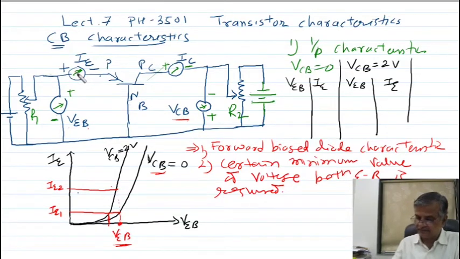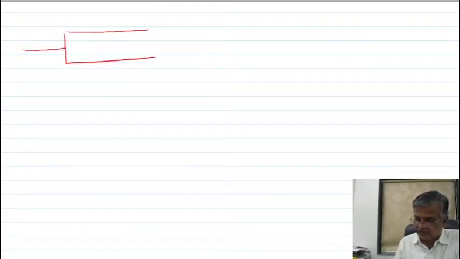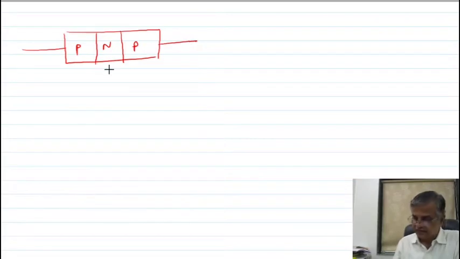The reason is that, see, we have taken a PNP transistor, so I will discuss according to PNP. This is your base, this is your collector, this is your emitter.